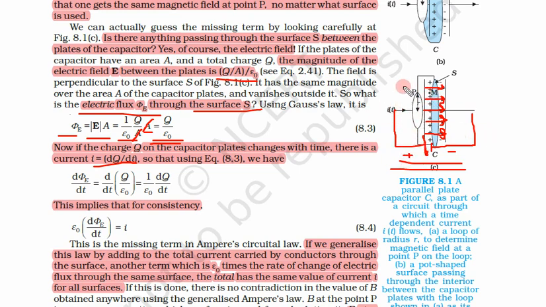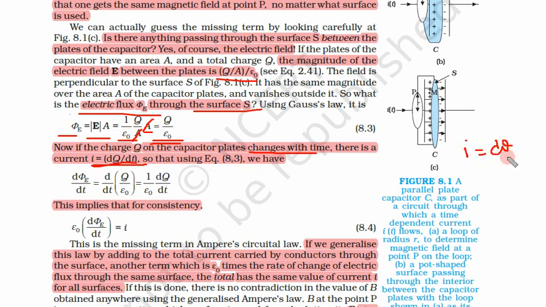So the charge on the capacitor is continuously increasing. If charge is changing with time, we have a current. Current is nothing but change in charge per unit time.